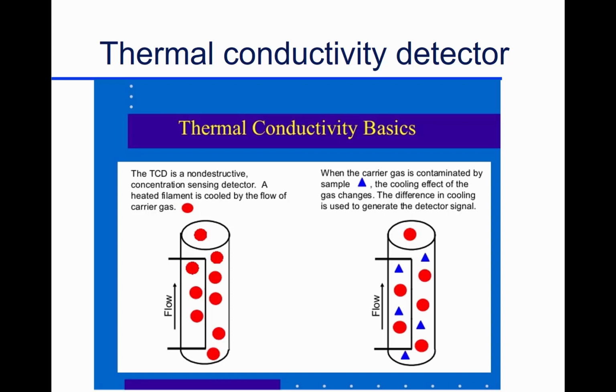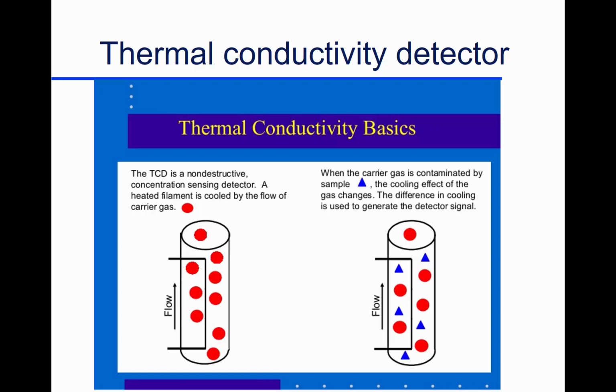And so we have our column separation. We've got our mobile phase coming out, flows through this detector. And so if we're using hydrogen or helium, we'll have a certain heat loss. This is a filament, electrical filament. It's hot. And so this gas will cool that filament to a certain amount. And as the temperature changes, the electrical resistance changes. So I'm measuring the electrical resistance across this filament as it changes temperature.